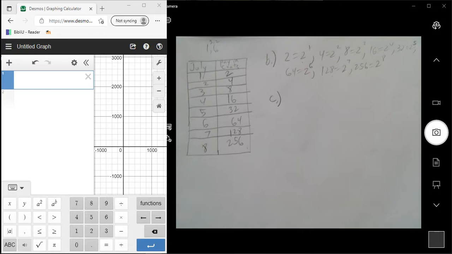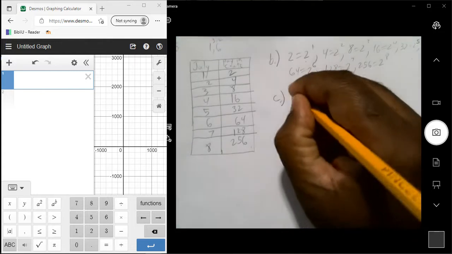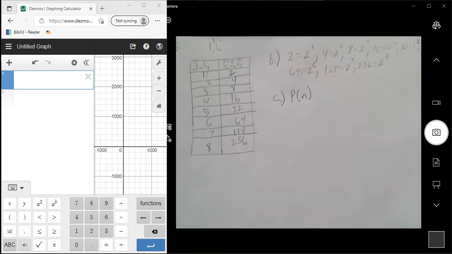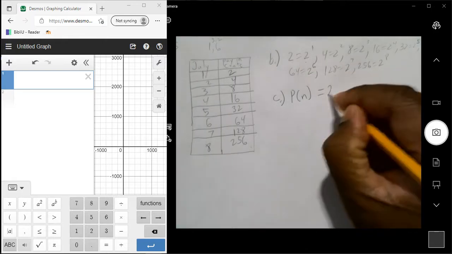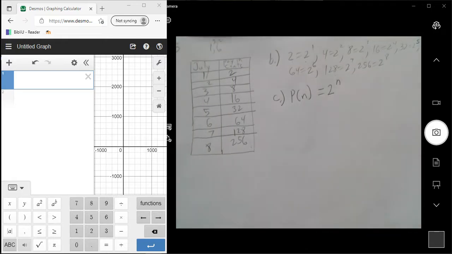Note that the number of days worked is the same as the July date. So P of n is equal to 2 to the n power, which is basically what we were doing.